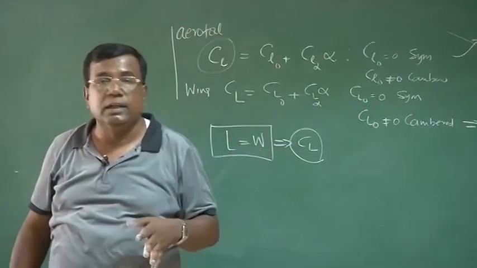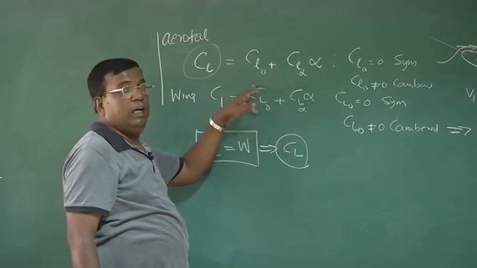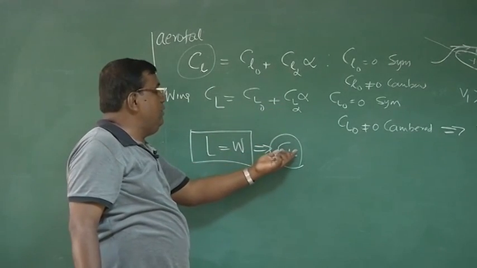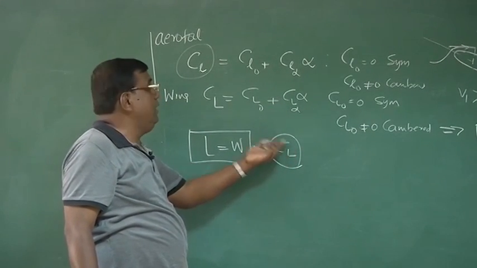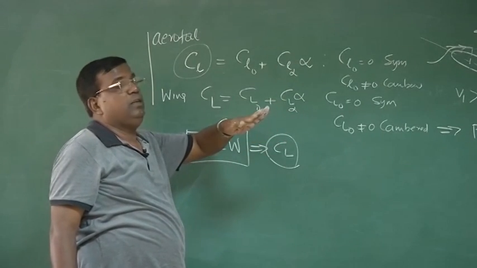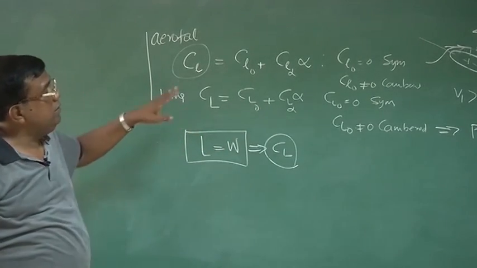How will the pilot generate it? That answer will come from here. If I know CL naught of the airplane and CL alpha of the airplane, then if I have to generate a CL which I know a priori, I know how much angle of attack I should fly, so I know how much I should turn the airplane, right? That is why in performance this is important.